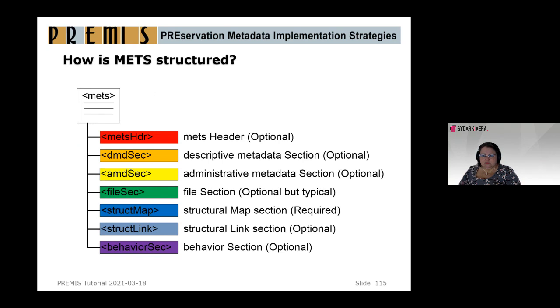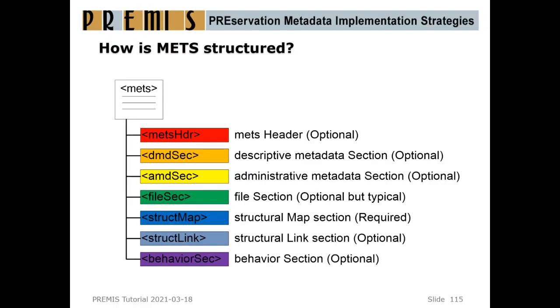If you're not too familiar with METS, it is based upon having 7 sections. You have the METS header that describes the METS package, so the information package itself: who is the sender, who is the receiver, when was it created, and that kind of stuff.